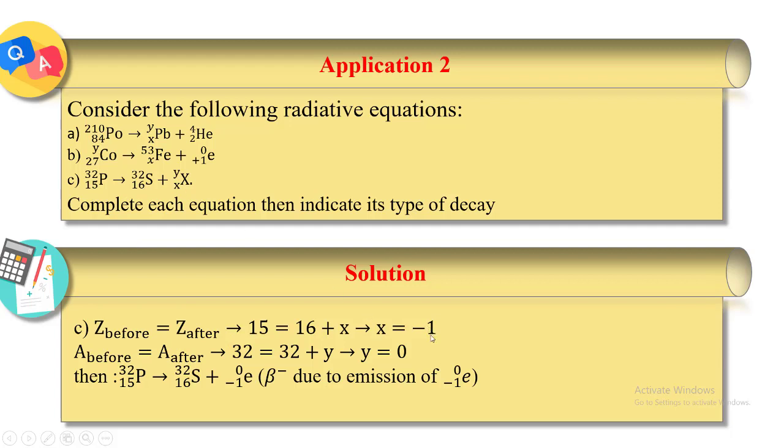In the same way for the mass number, I have 32 equal to 32 plus Y, then Y is equal to 0. Then the unknown particle is an electron, 0, minus 1. So the type of decay of this equation is beta minus decay.